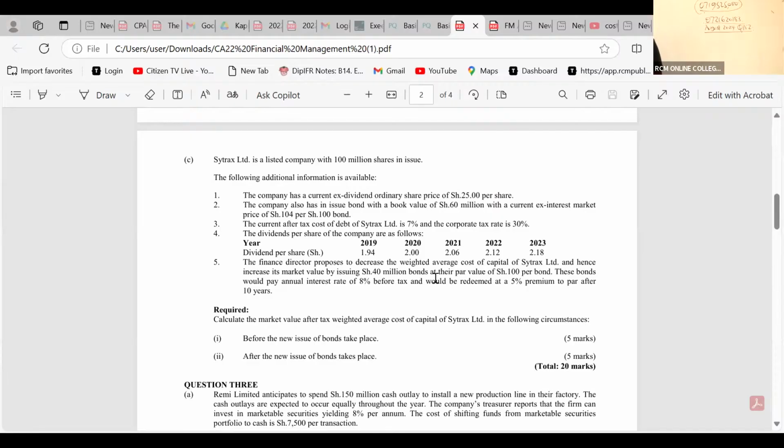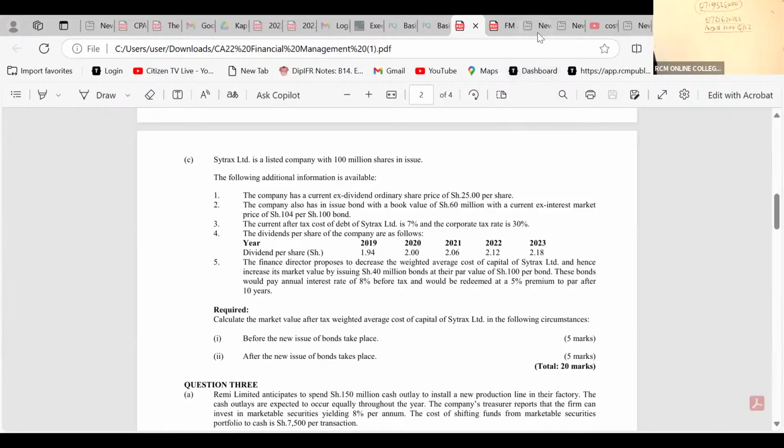These bonds will pay an annual interest rate of 8% before tax and will be redeemed at a 5% premium to par after 10 years. So they want us to calculate the market value after-tax WACC in the following circumstances, before the new issue of the bonds takes place.